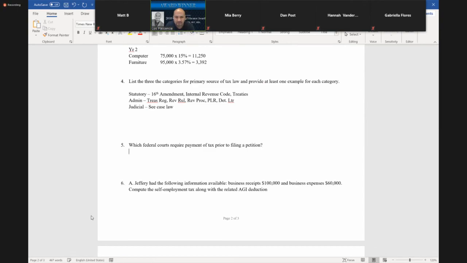Which courts require payment of taxes before filing a petition? I think everybody should get this one. But let me pick on Oksana. Oksana? Oh, we'll come back to you.